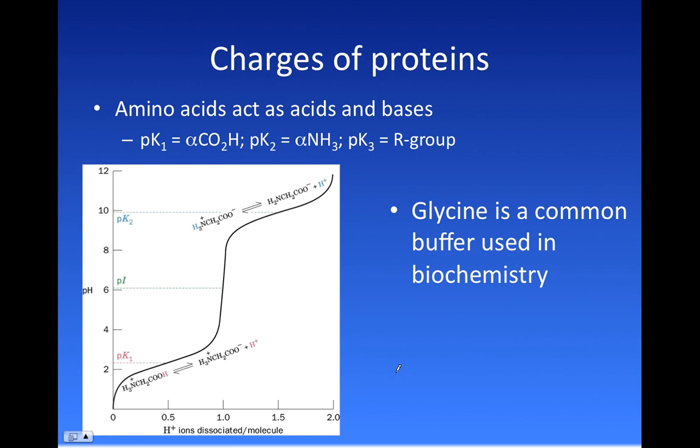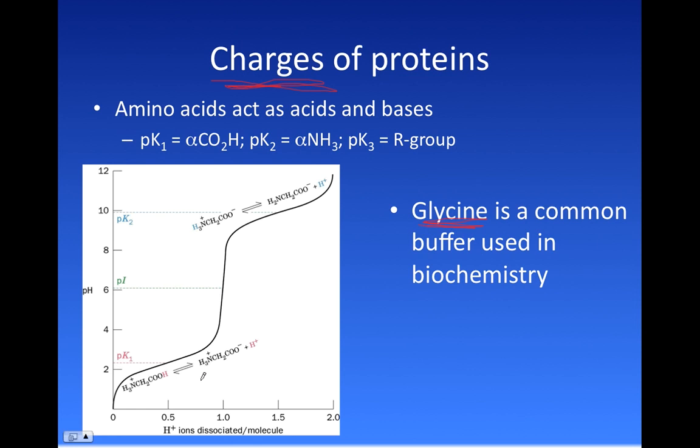Now, before we talk about protein separation and protein identification, it's going to be important for us to talk about protein charges, because we're going to separate proteins based on their charge. So we're going to have to be able to predict protein charges at different pHs, and we're going to think about it first by thinking about what's the charge on an amino acid, and we'll start with the simplest amino acid, glycine.